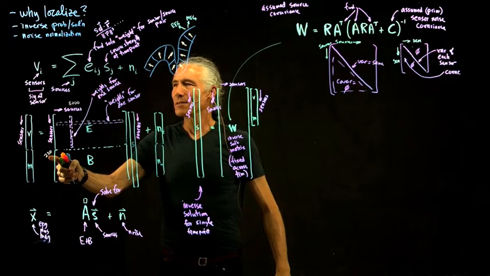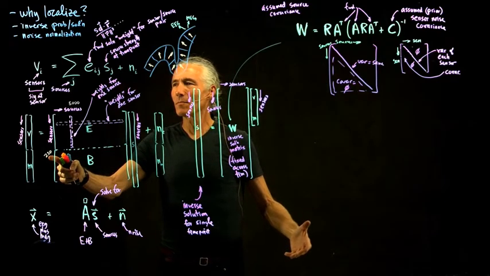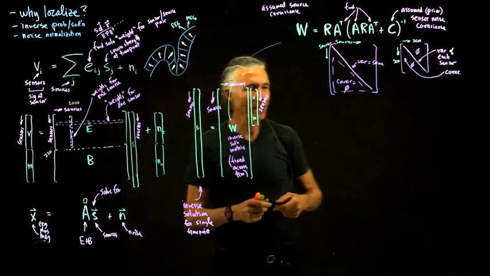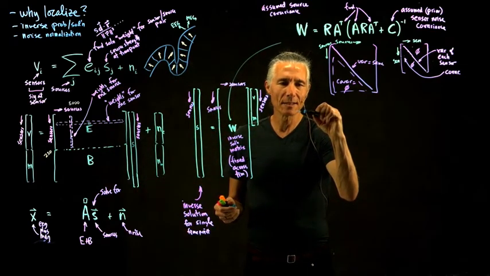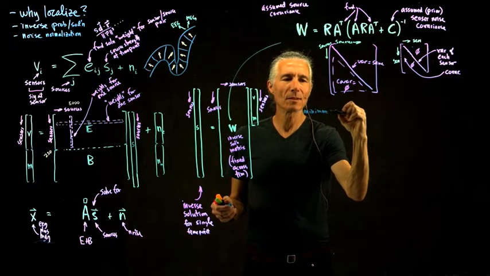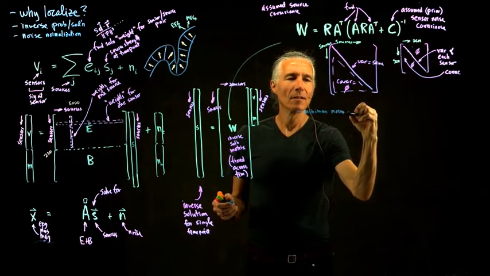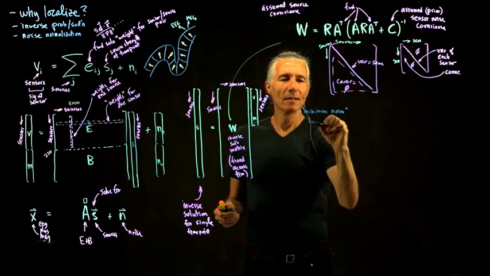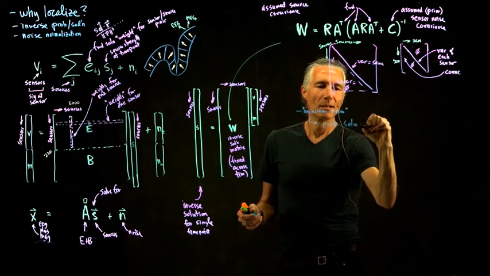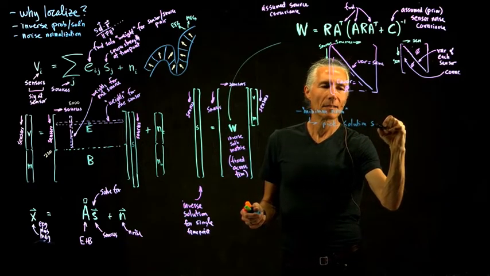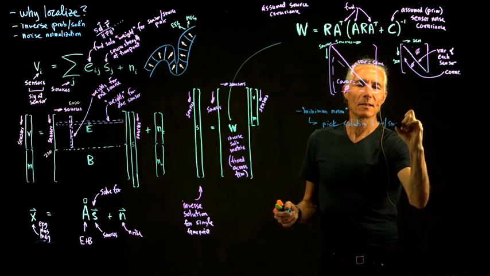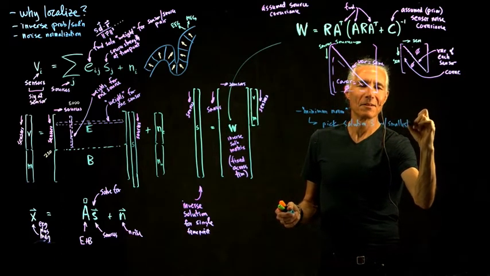And so there's going to be an infinite number of different possible solutions. The minimum norm solution means: pick the solution S with the smallest norm. And so what is that?